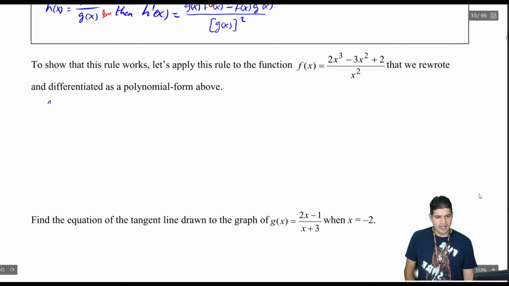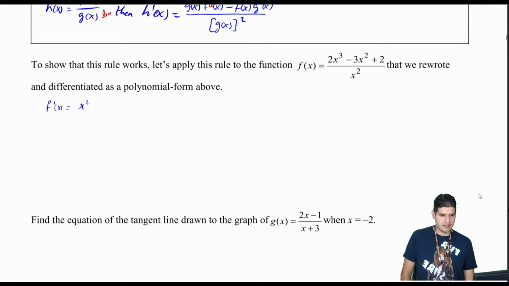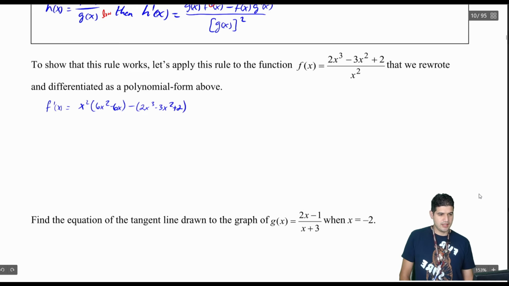So if we want to find f prime of x, that's going to be x squared times the derivative of the top, so times 6x squared minus 6x, minus the top, 2x cubed minus 3x squared plus 2, times the derivative of the denominator, so just times 2x. Now we want to square the denominator, so x squared squared.